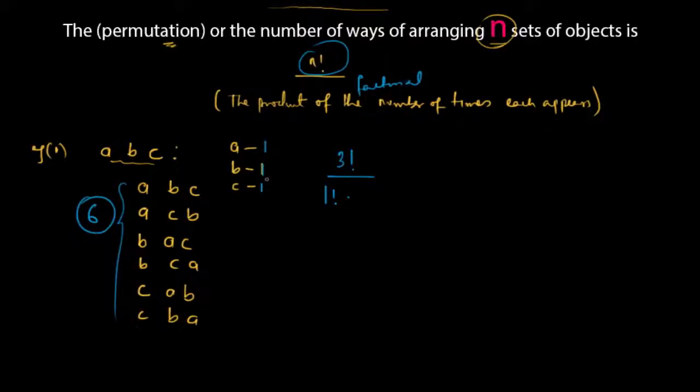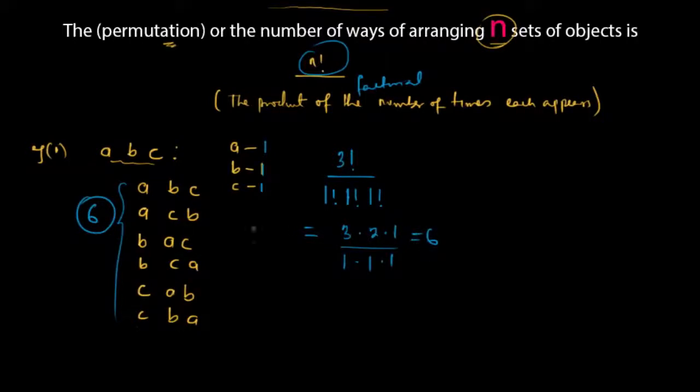A appears 1 time, so that's 1 factorial. B appears one time, 1 factorial. C appears one time, 1 factorial. 3 factorial is 3 times 2 times 1, and 1 factorial is just 1 times 1 times 1, and this still gives you 6.